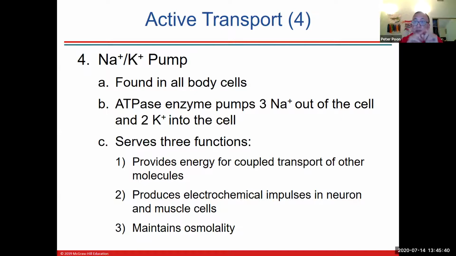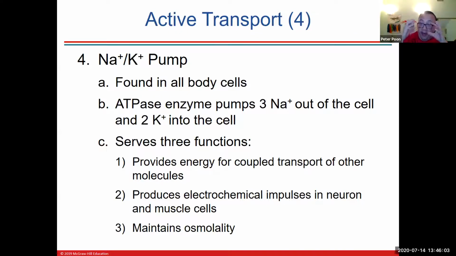That's one thing. So now there's a chemical imbalance across the cell membrane. The second part is that there's a charge imbalance on either side of the cell membrane. I pumped out 3 positive charges for 2 positive ones, so there's going to be a net negative charge inside the cell.